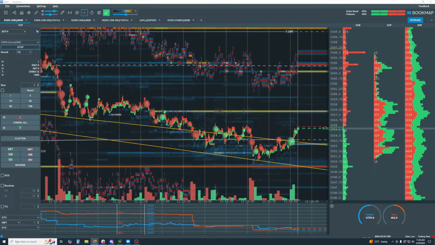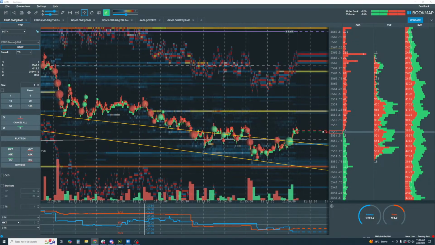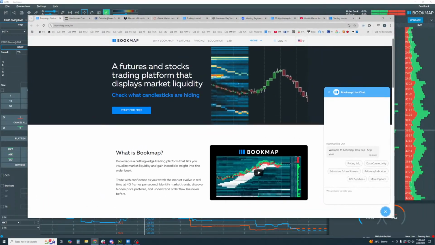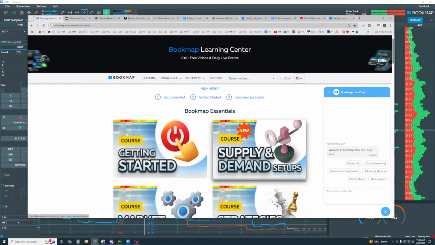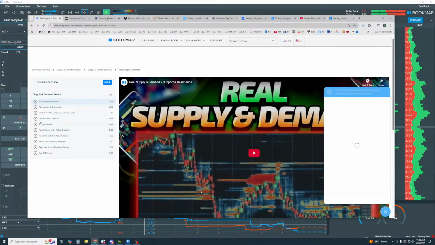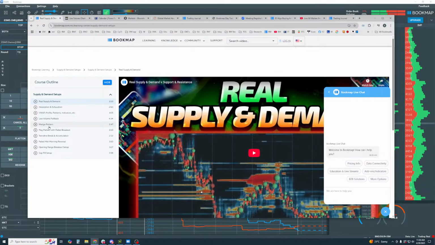For example, the Learning Center in here, from our education link. If you have other questions on some of the course material in here, absorption, exhaustion, low volume pullbacks, wedge patterns, failed flag pattern, which is another good one in here, and trend line breaks and accumulation.